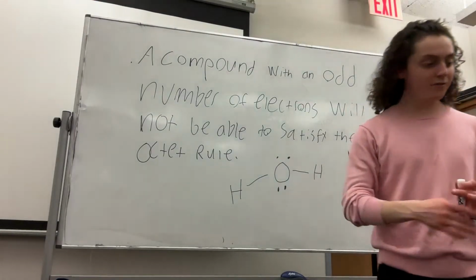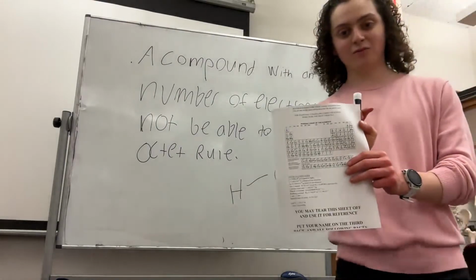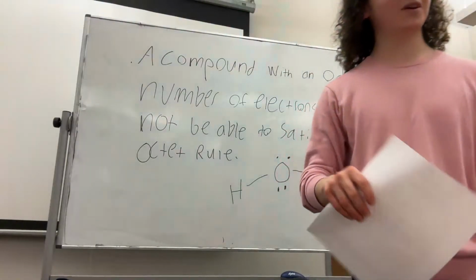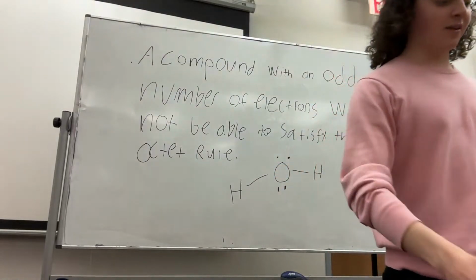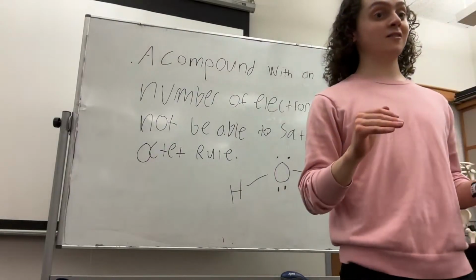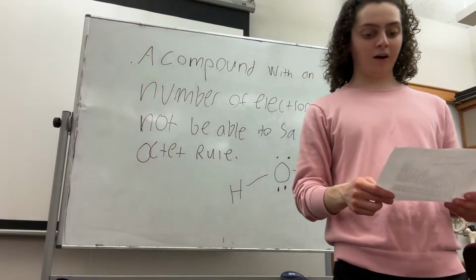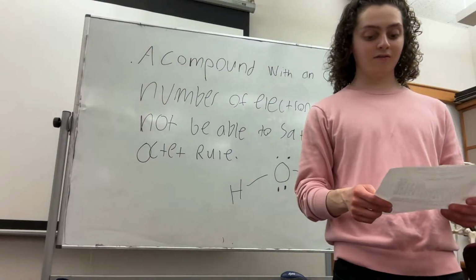So everyone, if you have one, grab your periodic table. I took this from one of the practice tests' front pages. So we want to ask ourselves, which atoms is it going to be okay to have more than 8 electrons? So I see carbon, nitrogen, oxygen, and fluorine.